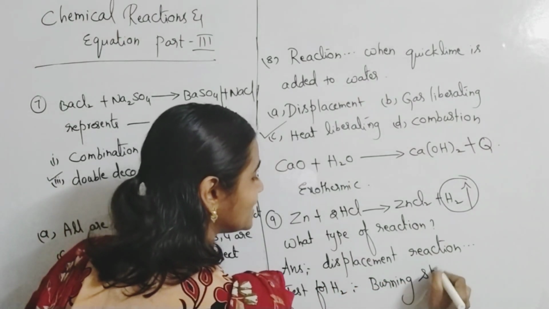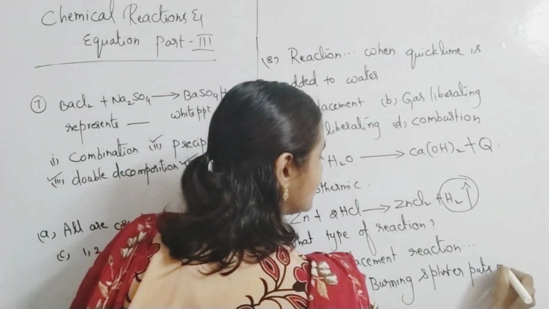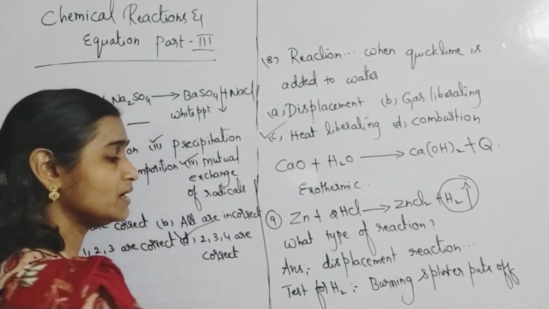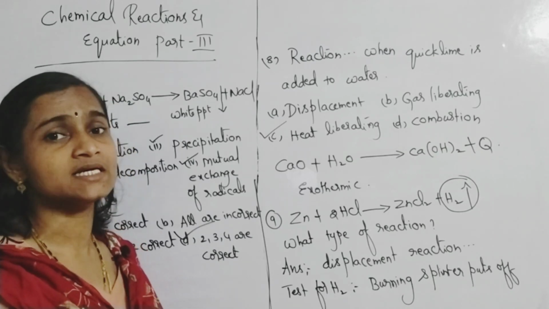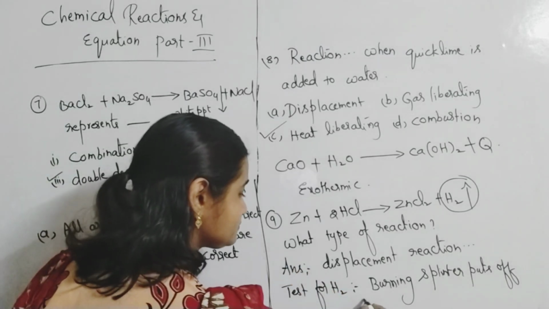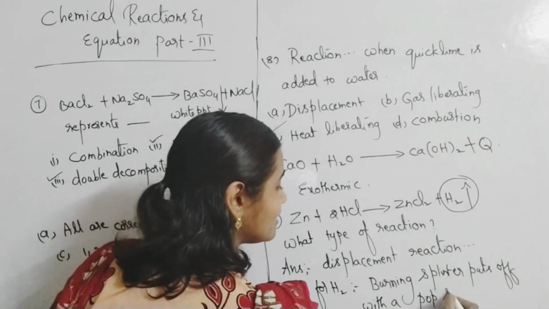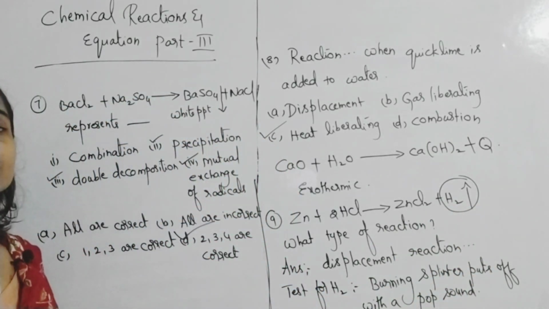A burning splinter means a glowing agarbatti or a glowing matchstick. If it puts off with a pop sound, then you can definitely say that the gas liberated is hydrogen only.